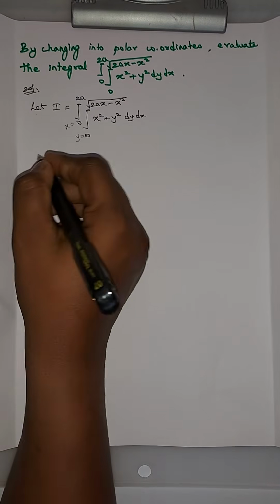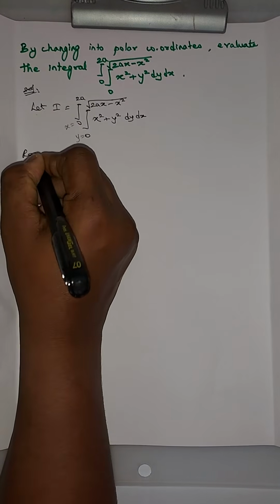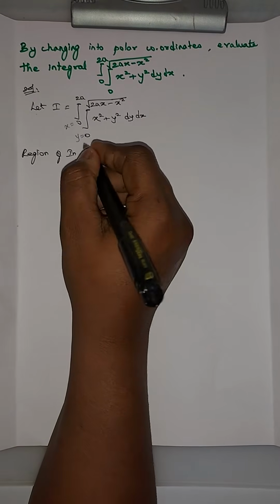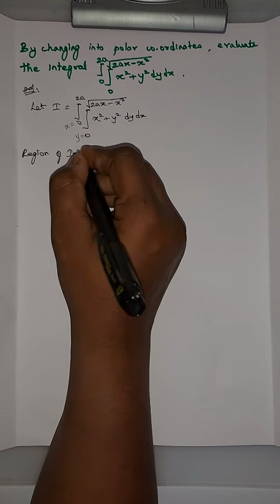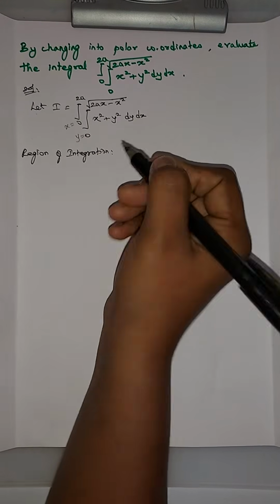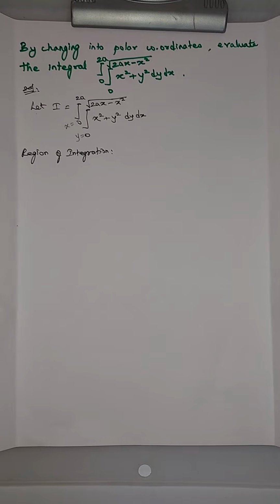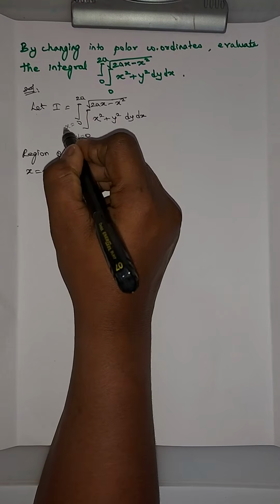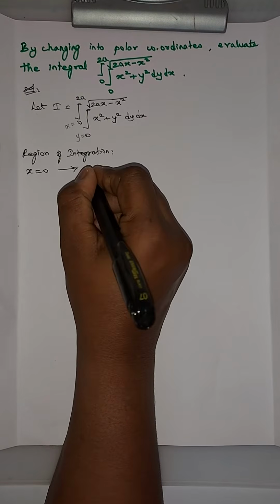Now finding the region of integration, before moving on to the transformation from Cartesian to polar. So here x varies from x is equal to 0 to x is equal to 2a.